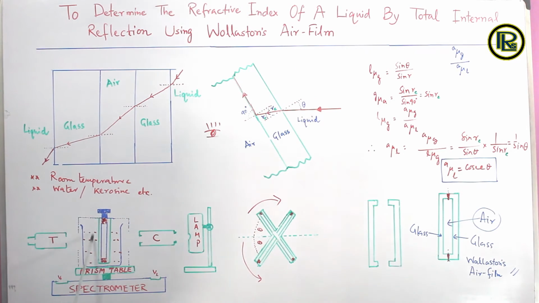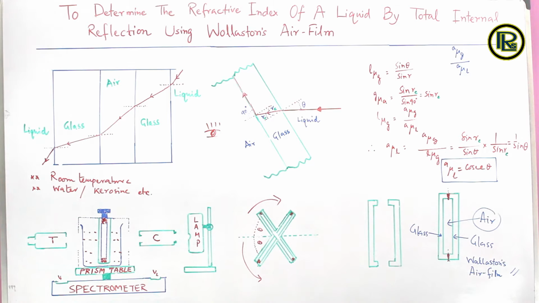We have to insert it over here, and then see the light from the eyepiece of the telescope. Light will come along this direction through the liquid and through the air film. Through the telescope it will reach the eye of the observer.